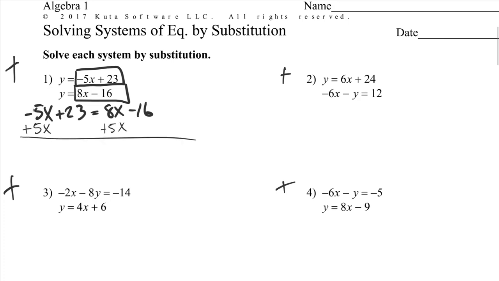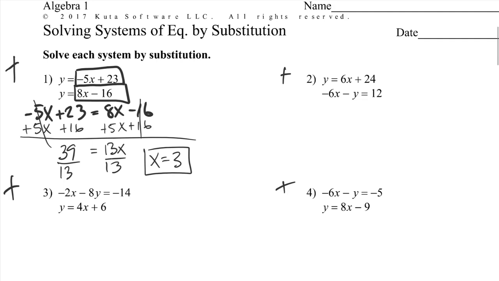So that means we're getting our x's over to the right side, which means we want our constants on the left, so we'll add 16 to both sides. And so 8x and 5x make 13x, and 23 and 16 make 39. Divide by 13, and x equals 3.